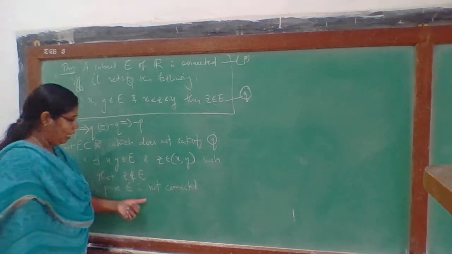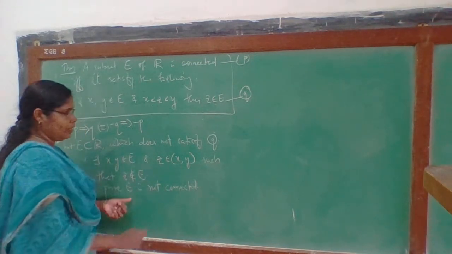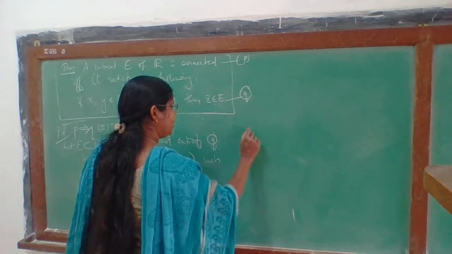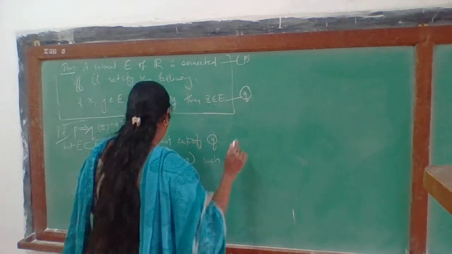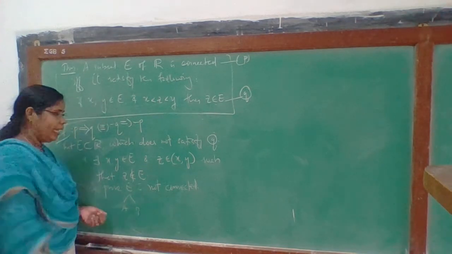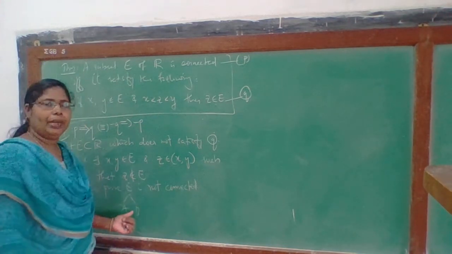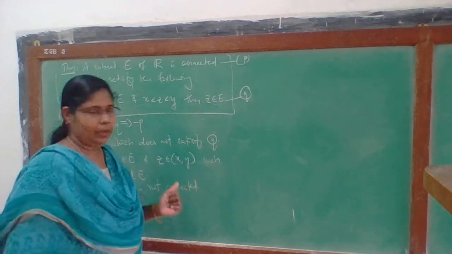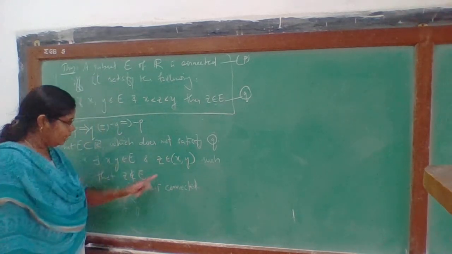So anyway, how to get two subsets? Here we have some subset E of R. We have to divide this subset into two sets A and B in such a way that they are separated and their union is E. Okay, so we are using this fact.